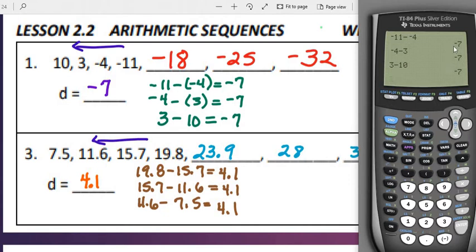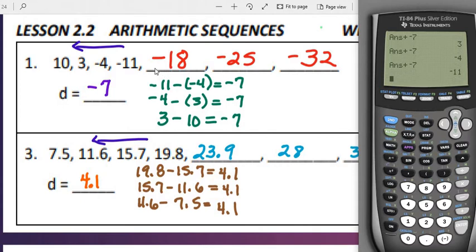Now, I see that my common difference is negative 7, so what I'm going to do is clear this off. I'm going to type in my first term, which is 10, and hit enter. Then I'm going to add my common difference of negative 7, and I see my next term is 3. Hit enter again, my next term is negative 4.